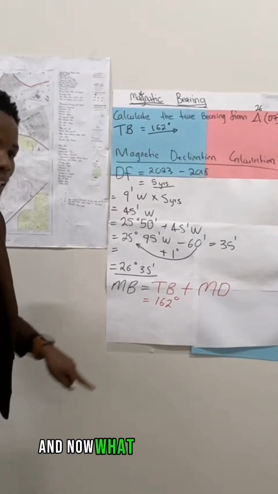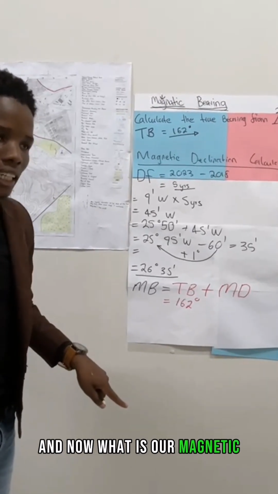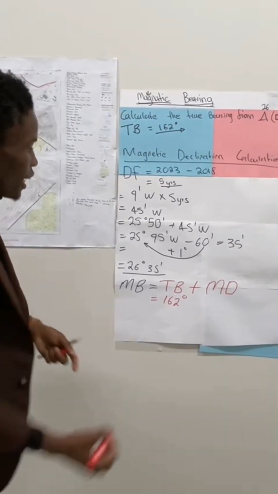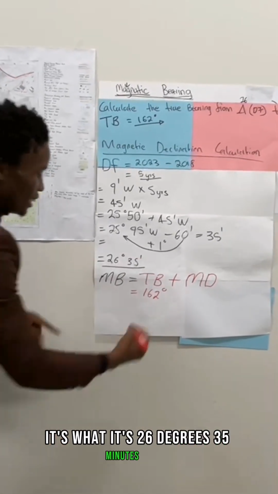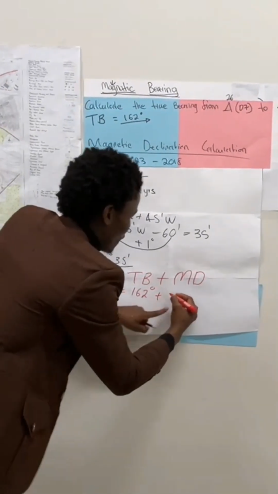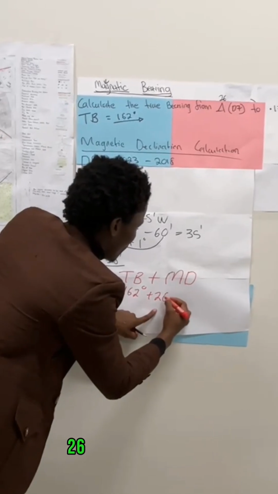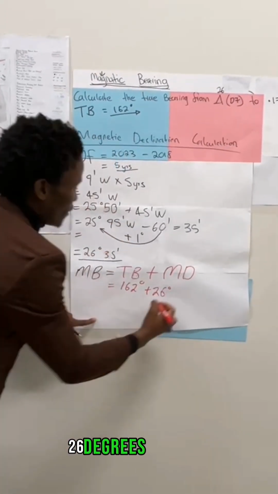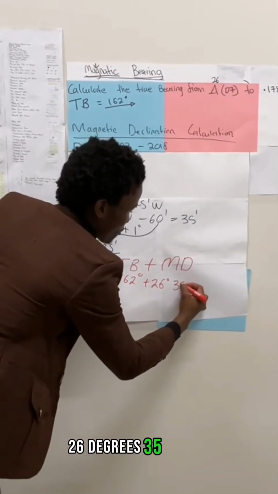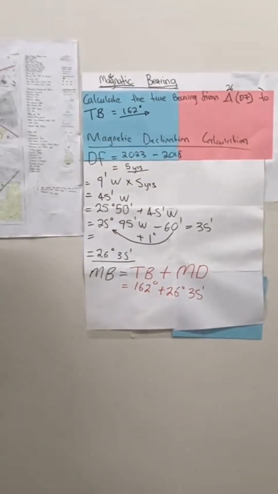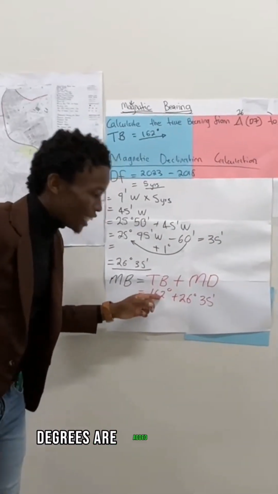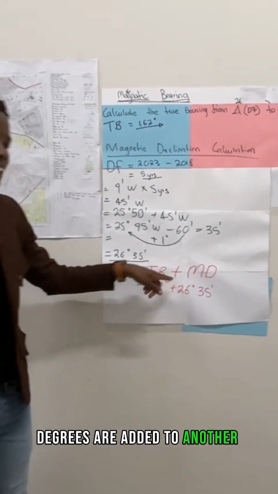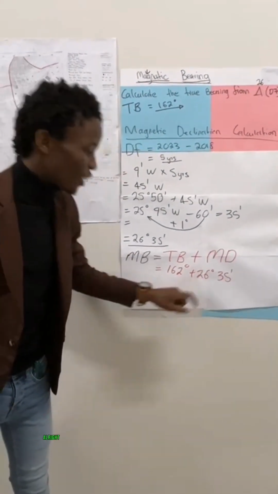And now, what is our magnetic declination? It's 26 degrees, 35 minutes. Plus 26 degrees, 35 minutes. Now, what does it tell us? Degrees are added to other degrees.